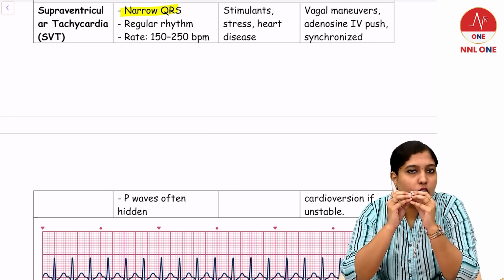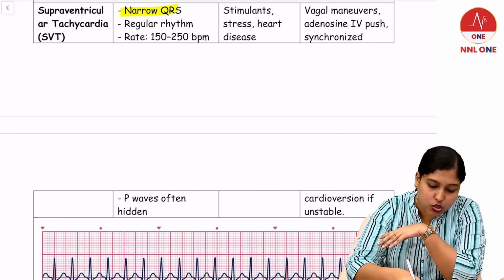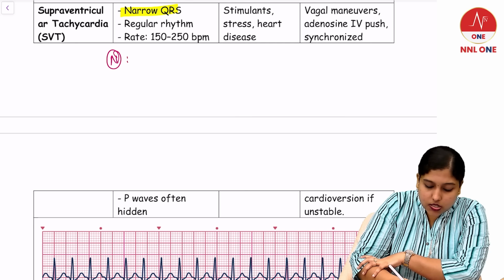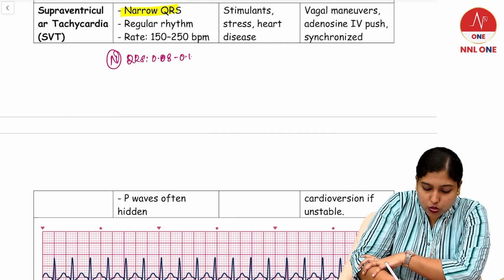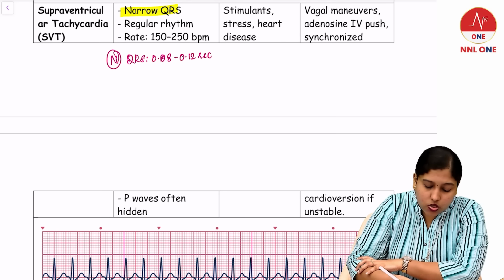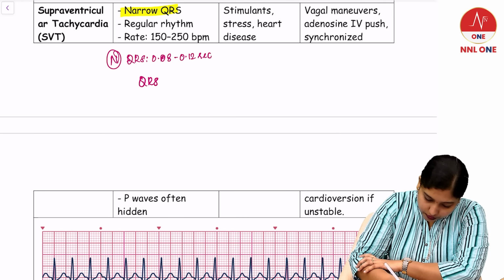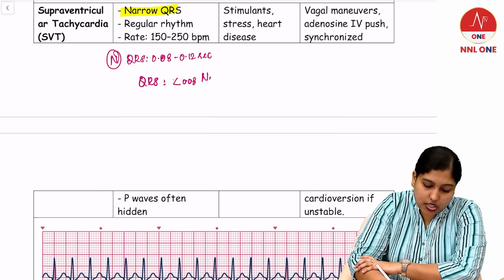The normal QRS duration is 0.08 to 0.12 seconds, right? So when the QRS is less than 0.08, we term it as a narrow QRS.